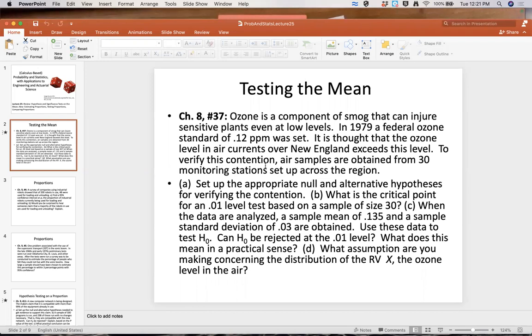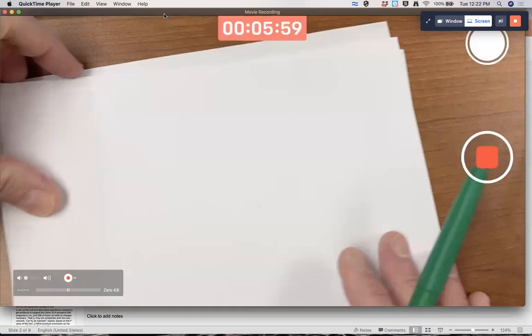That's telling you the alternative hypothesis should be that mu is bigger than 0.12. A right-tailed test, as we've always been doing in class; on the exam you were doing a left-tailed test. Part A says to set up appropriate null and alternative hypotheses to verify this contention. Let's go ahead and start that.